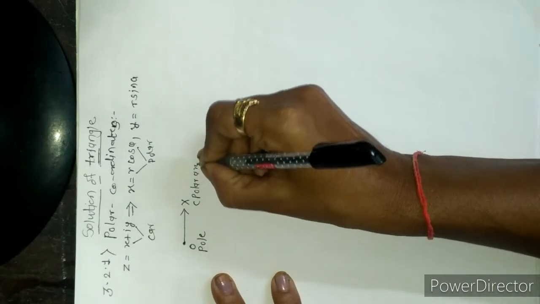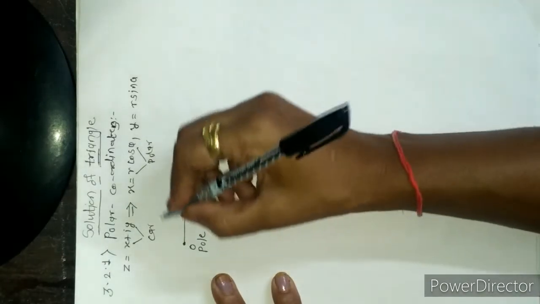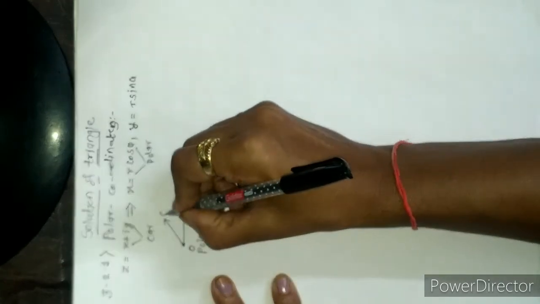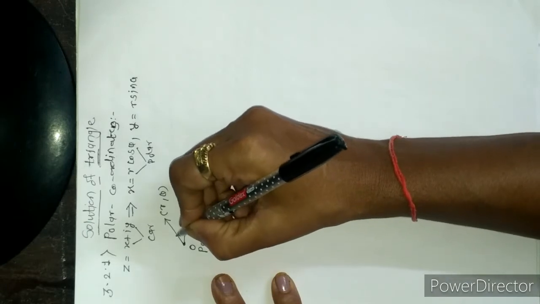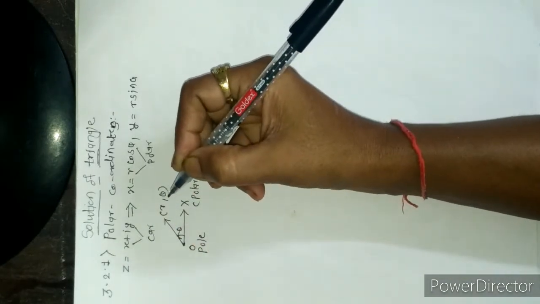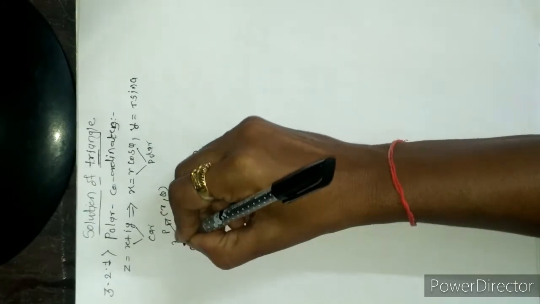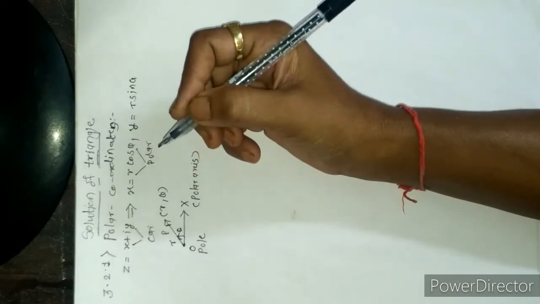Along that polar axis, infinitely many points lie. Now, any arbitrary ray OP having polar coordinates r and theta makes an angle theta with the direction, and the distance OP of the point P from pole O is equal to r.